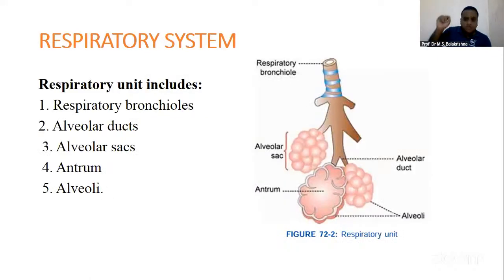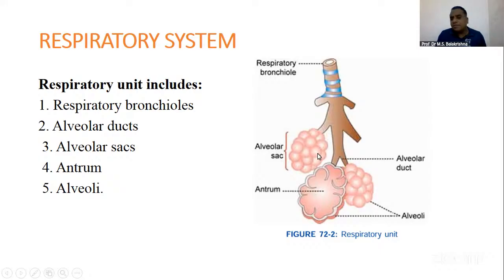One MCQ that is asked is, what is the respiratory unit? The respiratory unit is at the terminal end of the respiratory system. It includes five things. The first one is respiratory bronchioles. Then the alveolar duct. Then the alveolar sac; this entire thing like a bunch of grapes is called the alveolar sac.